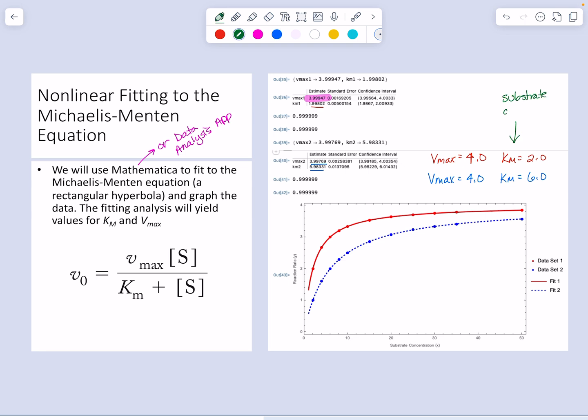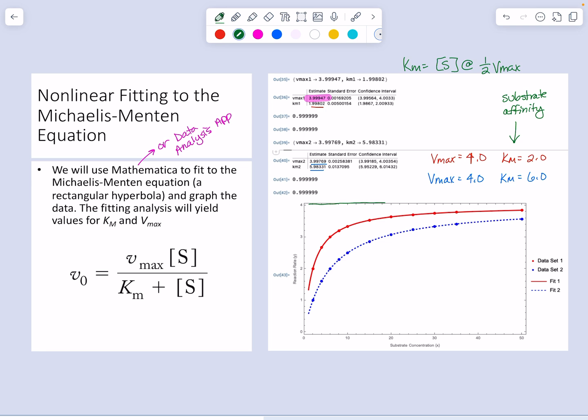So this is going to look just like a hemoglobin binding curve in terms of our point of reference. So Km is the substrate concentration, remember, where you have half your maximal rate, so 1/2 Vmax. We know that our Vmax is 4.